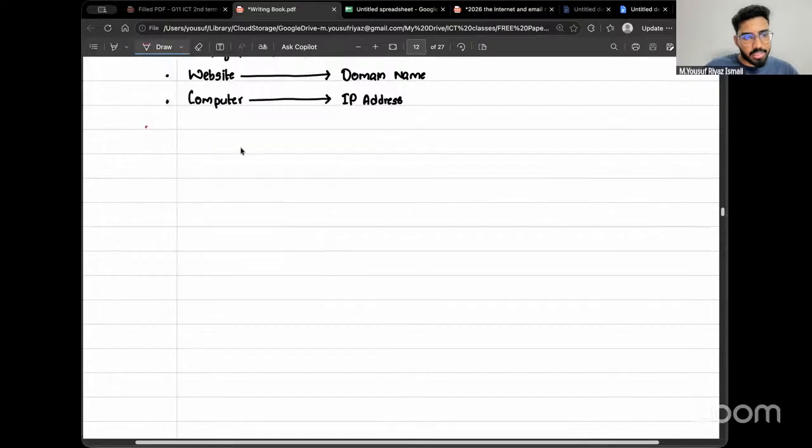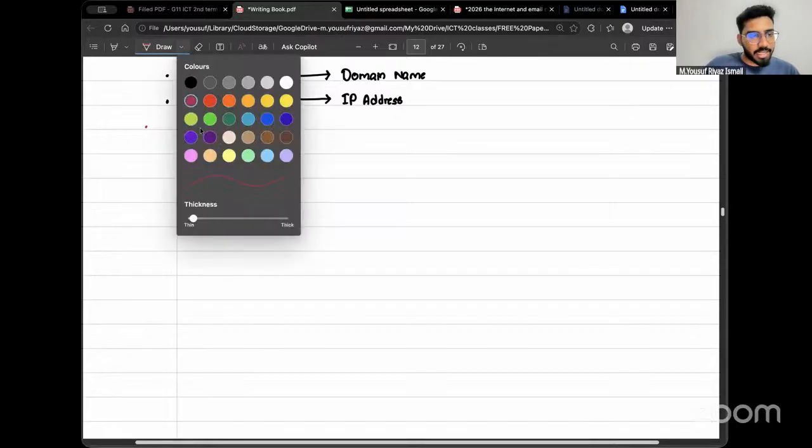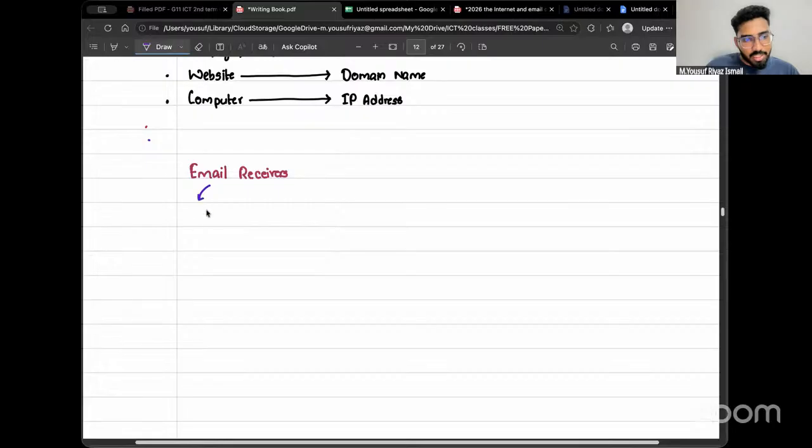If you take email receivers, you can classify them into three categories, but I'll show the breakdown. First of all, I can classify them into two main categories: the main receiver and the copy receiver.